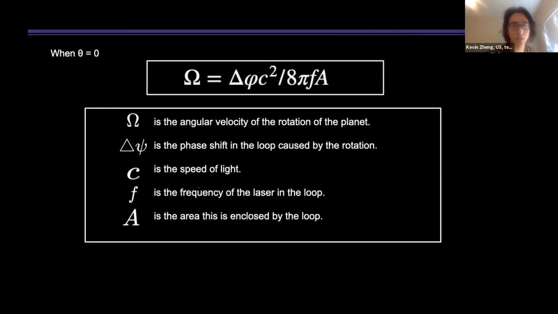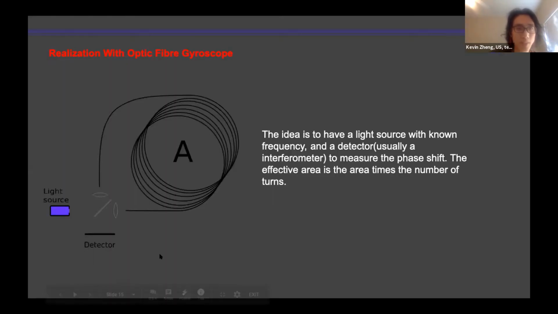So we come to an important conclusion. This is the formula for the angular velocity measured by the Sagnac effect. Delta phi is the phase shift that we measure, and A is the area enclosed by the loop, which we also measure in advance. And the frequency is also a known variable, which is the frequency of the laser light.